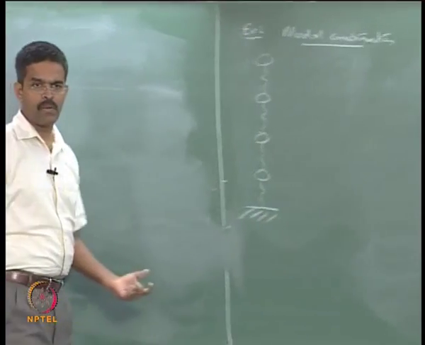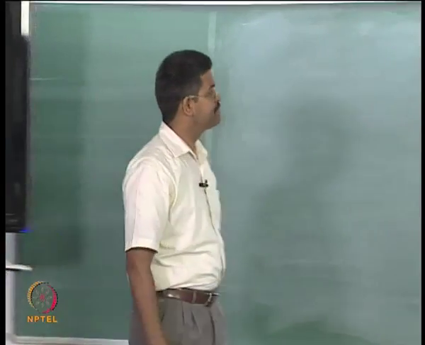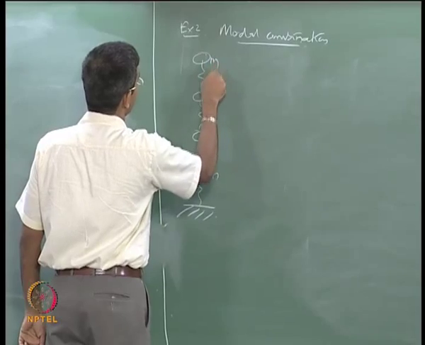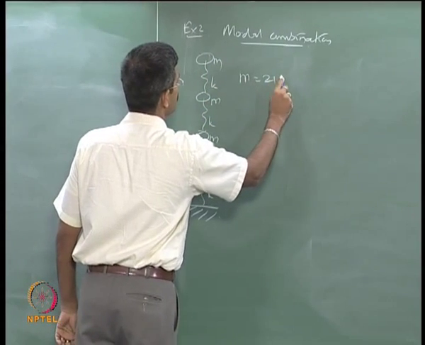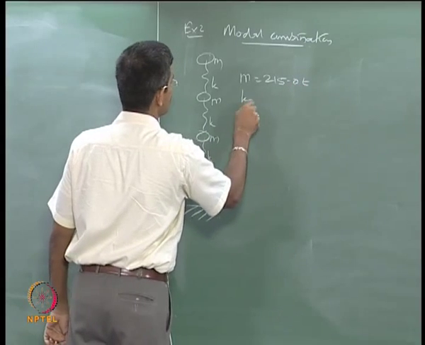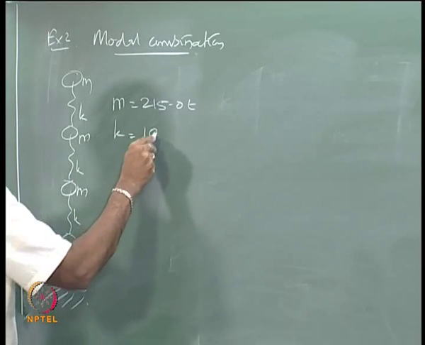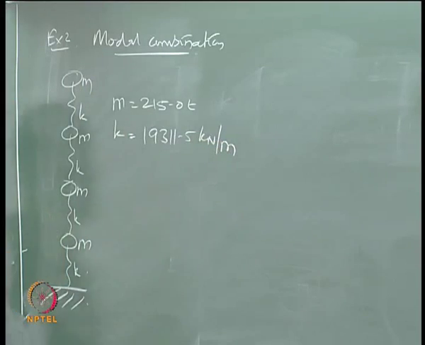I am just taking an example of a 4 degree freedom system model of all m's and k's, where m is 215 tons and k is 19311.5 per meter. Now, there is a small catch here which I want to explain.